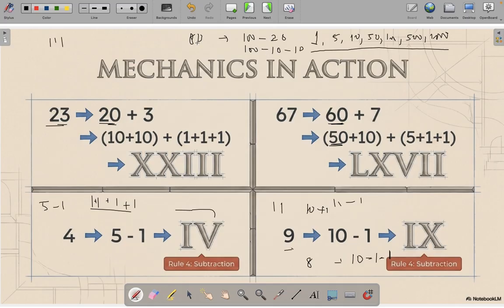So then what do we need to do here? Find the next closest number. The closest was 100, but you notice that it is violating one of the rules. So find the next closest, which is 50. So we'll write 50 plus 10 plus 10 plus 10. That is why it becomes L triple X.